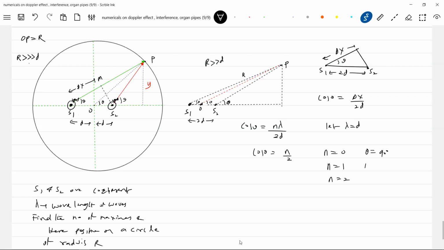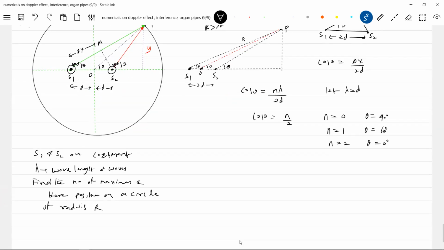For n equal to 1, cos theta is 1 by 2, so theta will be 60 degrees. For n equal to 2, theta will be 0. So the angular positions of the maximas are 0, 60 and 90 degrees.